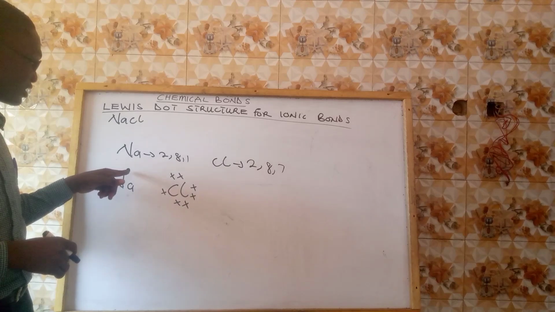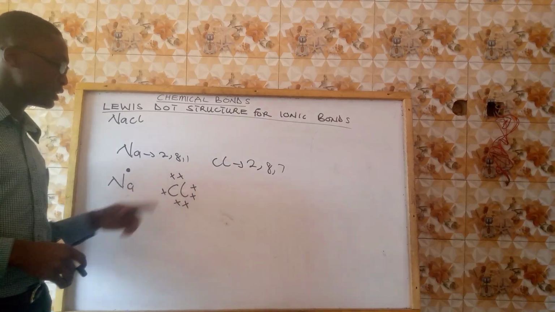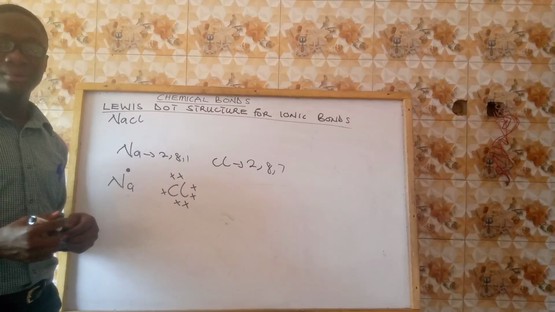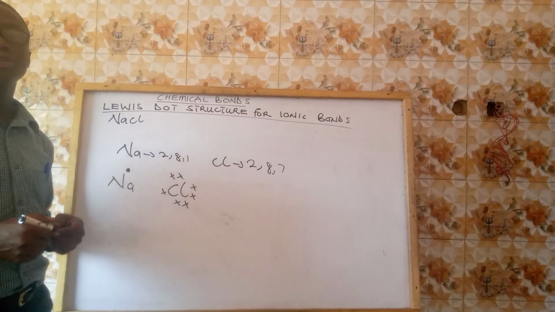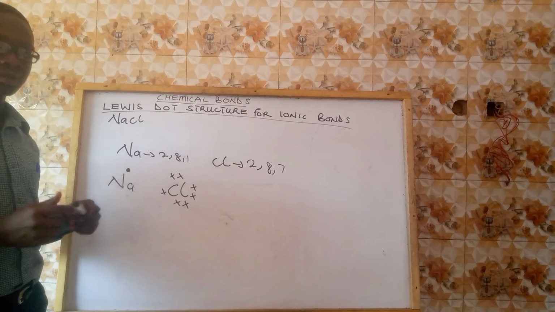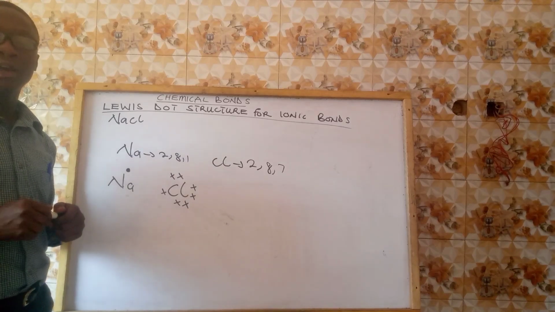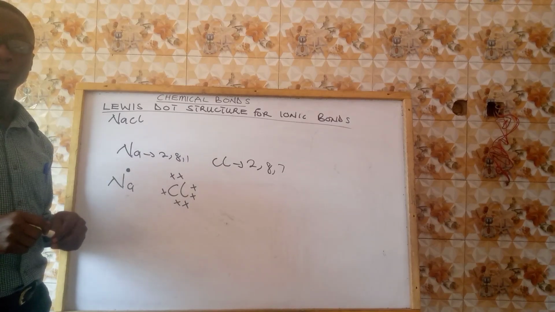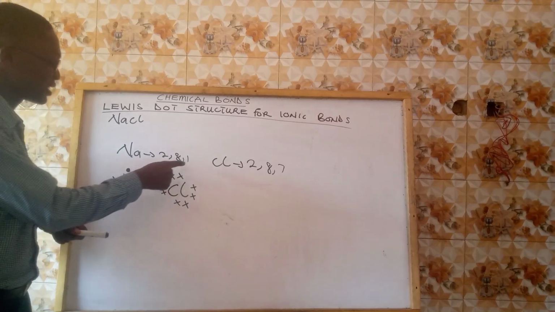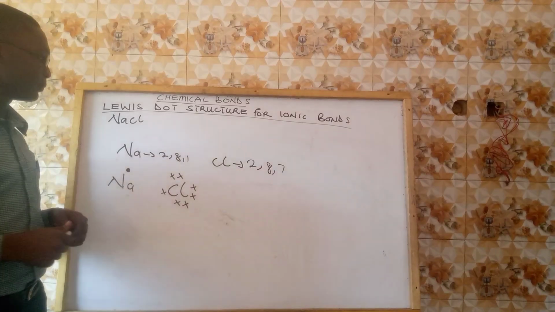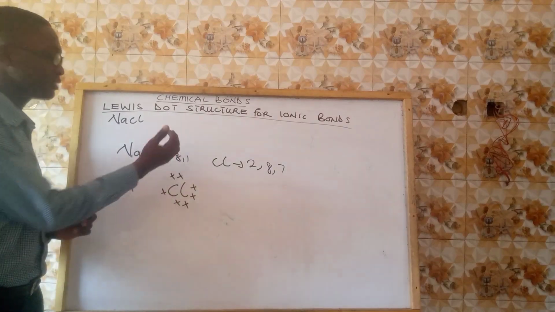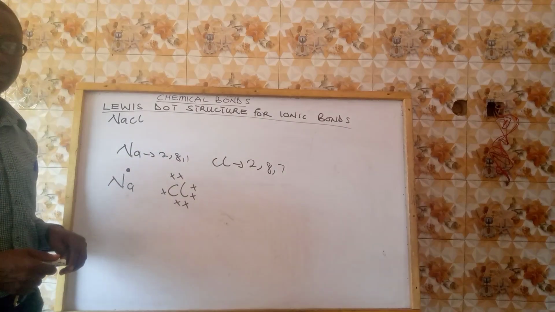So this is a dot and we have the cross here. Now they want to attain stability. This has 3 shells, so it has to follow the octet rule. The last shell should have 8 electrons, but there is only 1 electron here. So it has to lose this 1 electron or gain 7 to become 8.